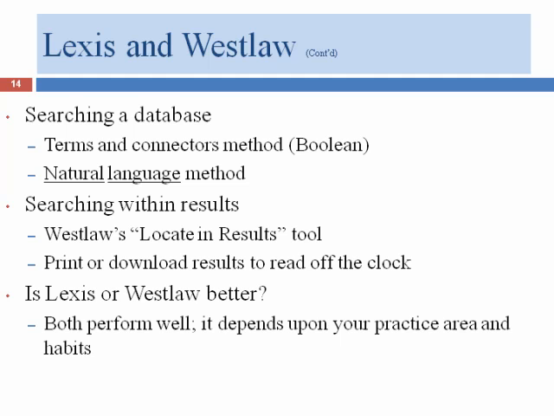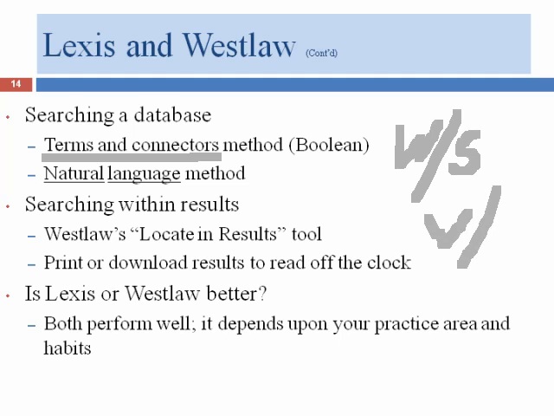In addition to the Boolean method, which is oftentimes called the terms and connectors method, of course the connectors are the words such as and, or, not, and then there's others. One that you will see often is within a certain number of words, or within a sentence, for example, or maybe within 10 words.